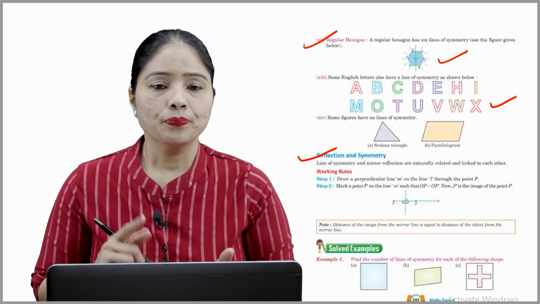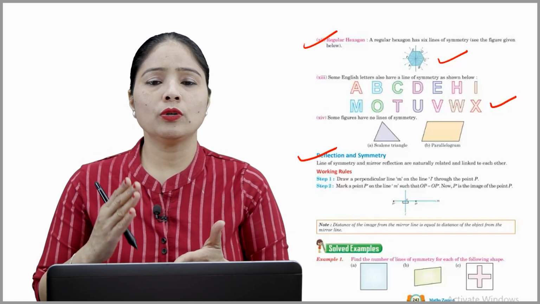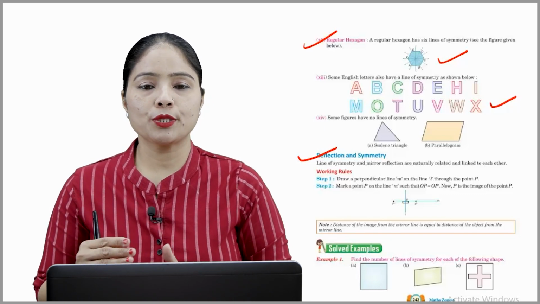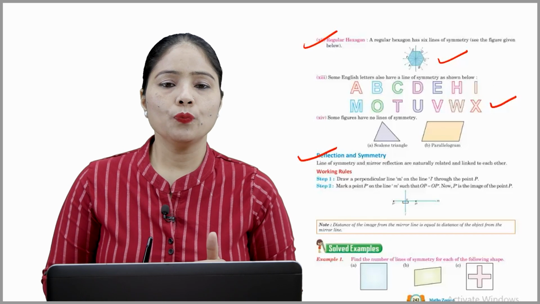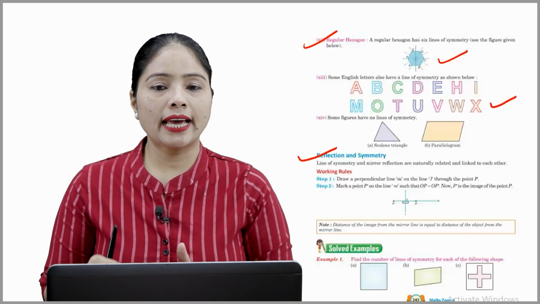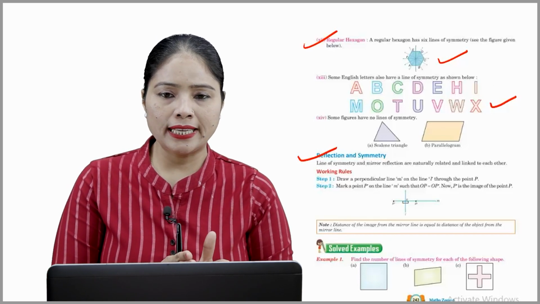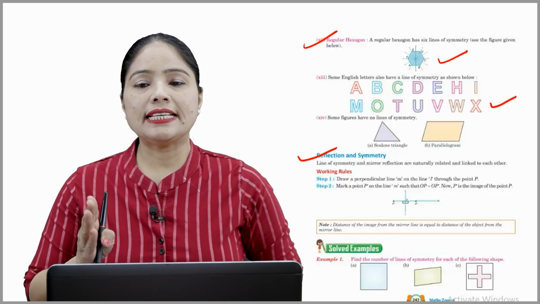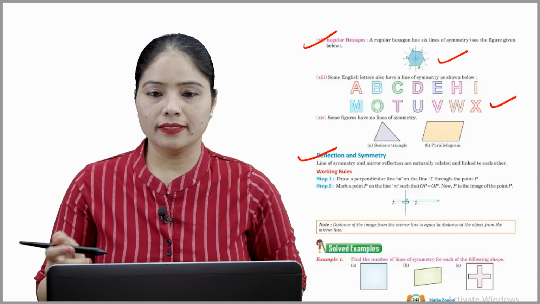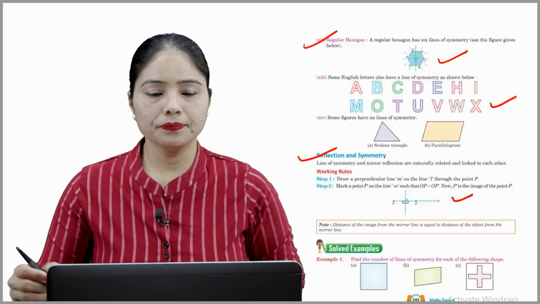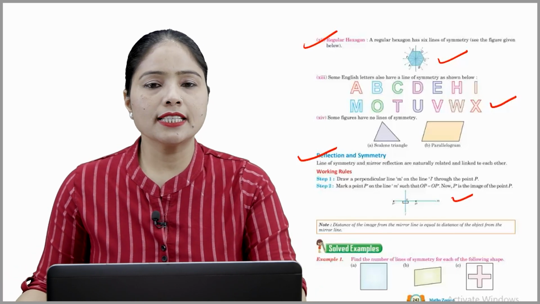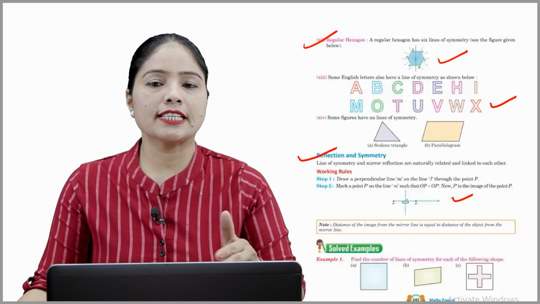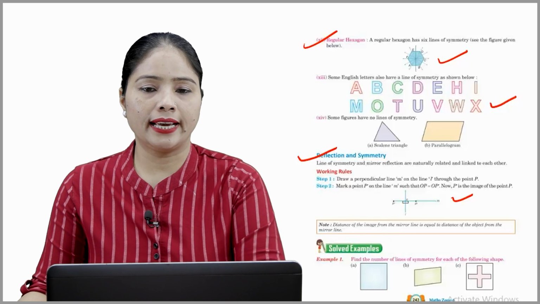Step number 1, draw a perpendicular line M on the line L through the point P. Step number 2, mark a point P' on the line M such that OP' is equal to OP. Now P' is the image of the point P, like this way. Note, the distance of the image from the mirror line is equal to the distance of the object from the mirror line.